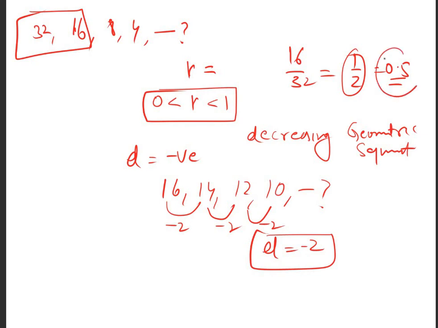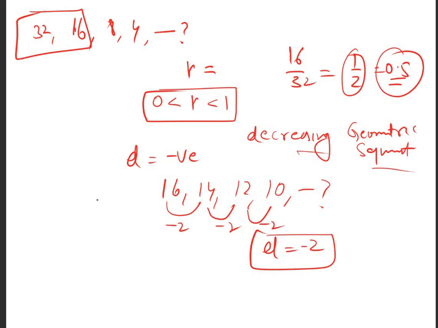So when you get a fraction between 0 and 1, you get a decreasing geometric sequence. And in arithmetic sequence, when you get a negative d, not a fractional d, it behaves exactly like a decreasing sequence in the world of geometric progression. So that's the basic difference.